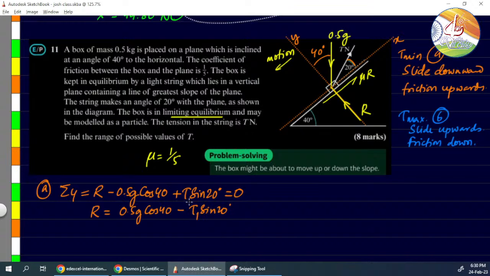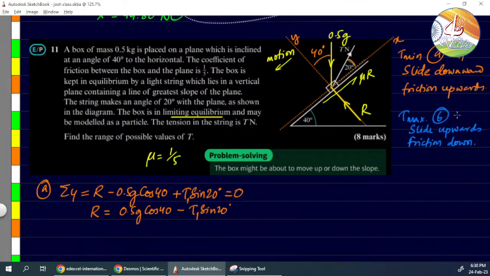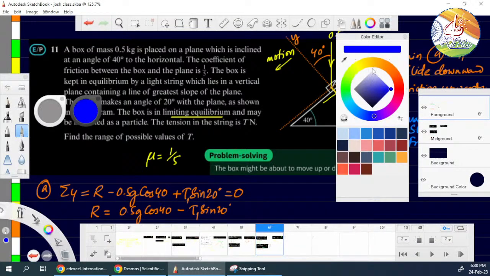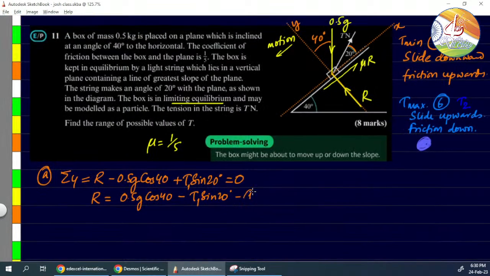Here tension is minimum, so let's call the tension T1, and the tension here, let's call it T2. So tension T1 we have taken. This is equation number 1.